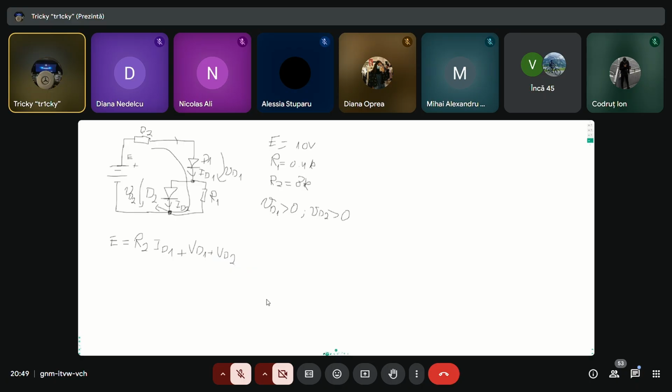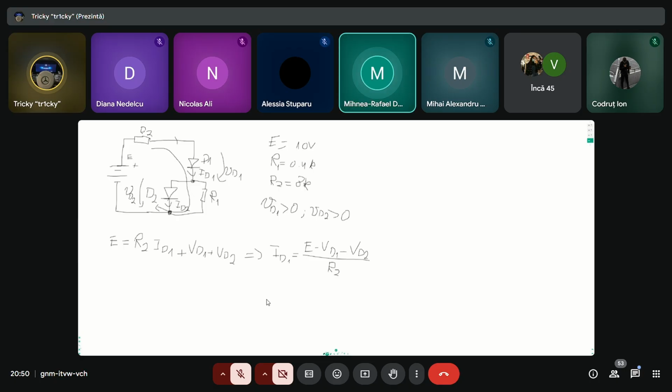So from here we can take ID1 out, ID1 being equal to E minus VD1 minus VD2, all divided by R2, and same story here.